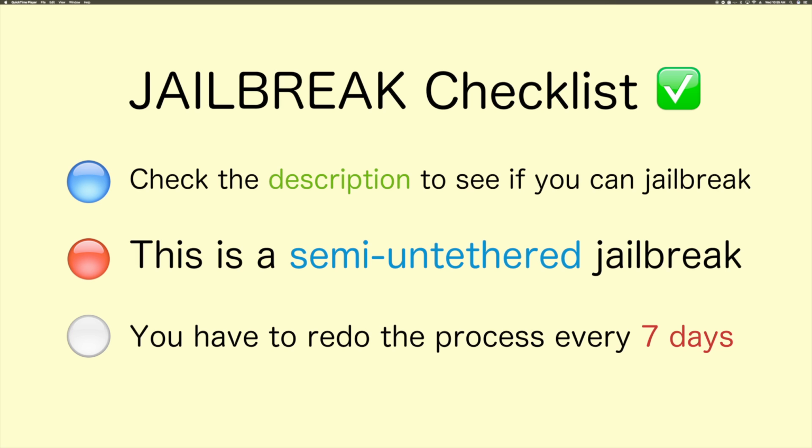So every 7 days you'll have to do this jailbreak process again with your computer, and it doesn't take too long, but just keep that in mind. So if your jailbreak ever stops working, you know the two reasons why. Either your device turned off or your jailbreak app expired. So now that we got that out of the way, I just wanted to give you a heads up about that, and let's continue with the tutorial.